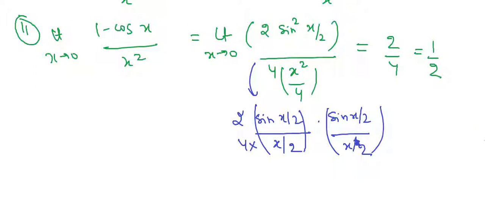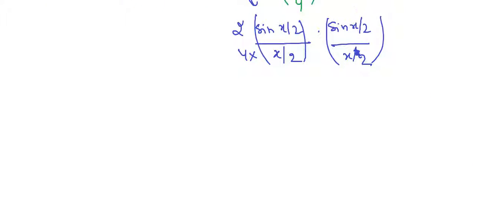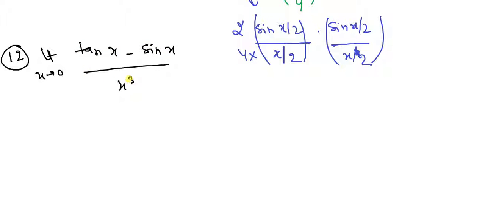Okay, let's take the final example, that is 12th. And this you can find in exams also. This is like very complicated, but it seems to be complicated, but it's very easy. How are you going to solve this? Again, the method is same. First of all you'll put x tends to 0 in the question, 0 by 0 form you'll get, and then differentiate it how many times? 3 times you'll have to differentiate.